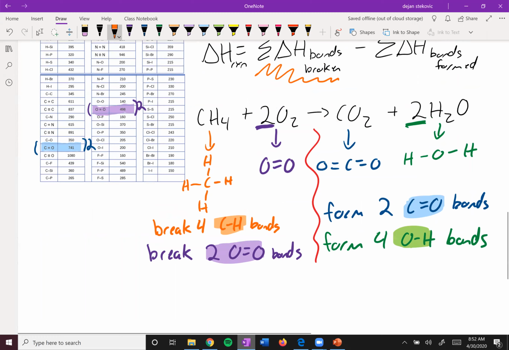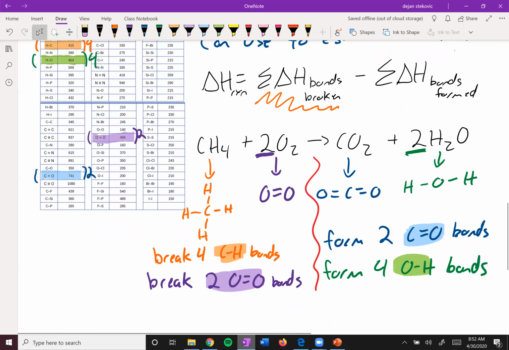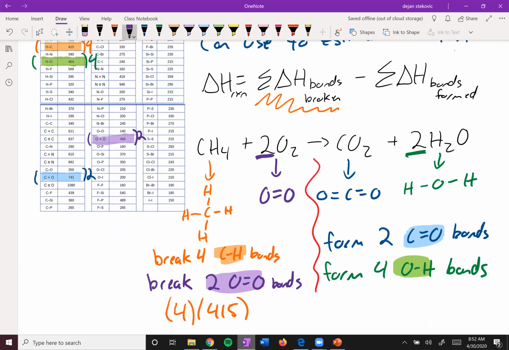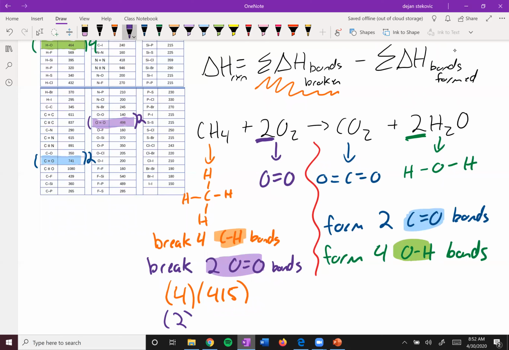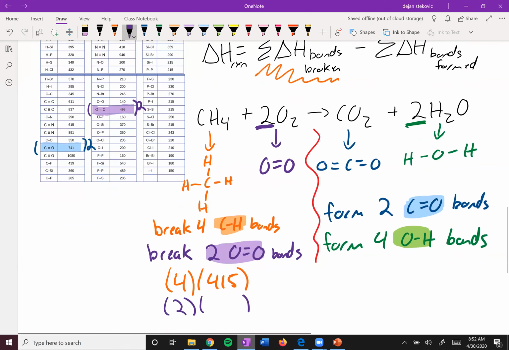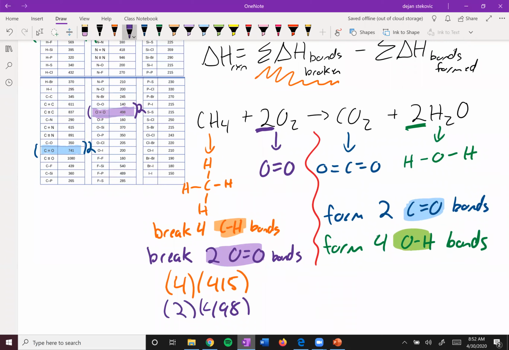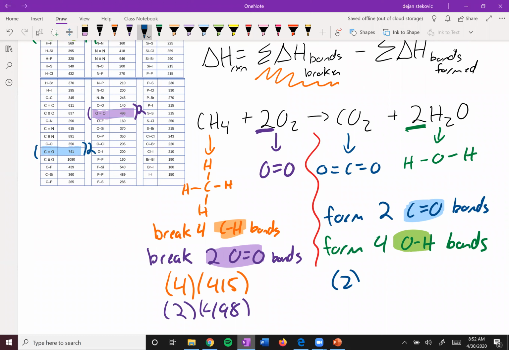And so I'm just going to rewrite this here. On this side, we've got 4 times 415. And then we've got 2 times 498. And then on this other side, we've got 2 times 741.